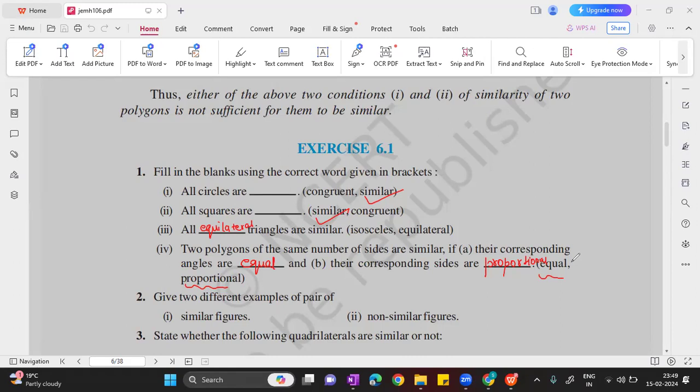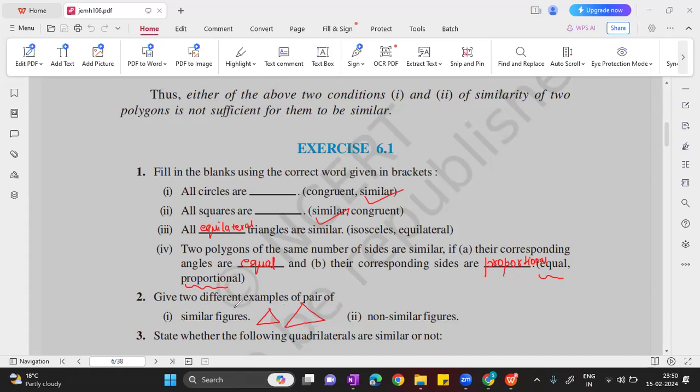Okay, that is correct. Can you not do this on your own, Manya? Yes. So tell me, what is the answer? First one will be similar figures. So will you just draw this and this? Yes.